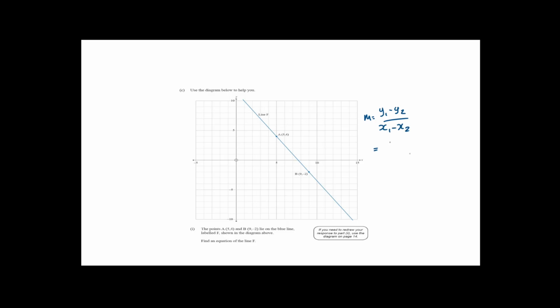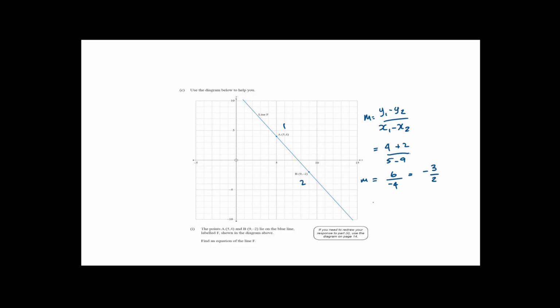Let's call this one 1 and this one 2. So y1 is going to be 4 minus -2, which is plus 2, over 5 minus 9. So it's going to be 6 over -4, which is -3 over 2. Okay, so that's going to be the gradient.